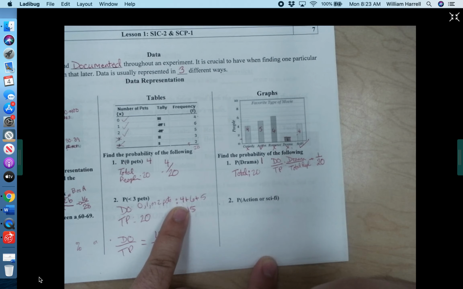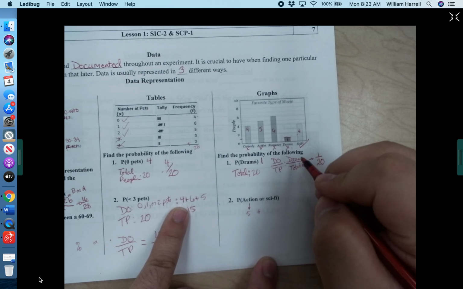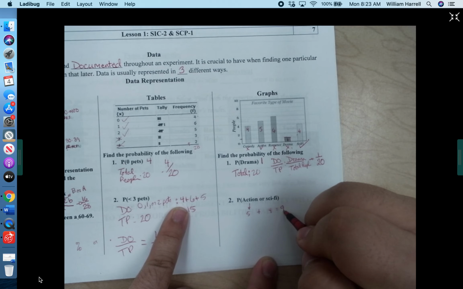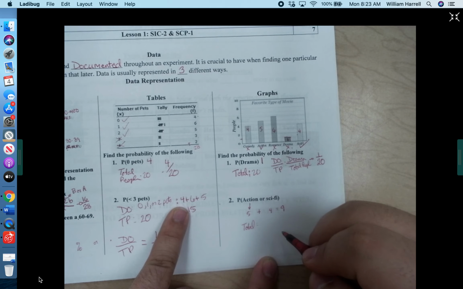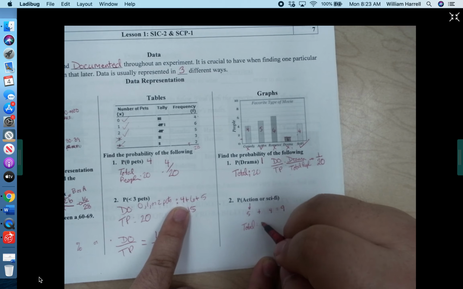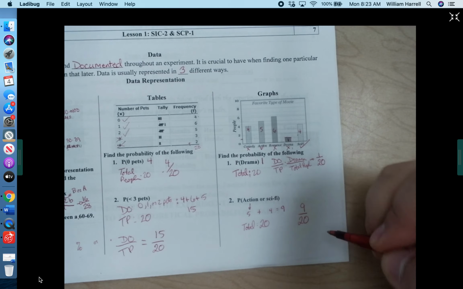I add the total of my 2 check marks. So 5 plus 4 was 9. And then my total people in the group that was surveyed were 20. So my answer becomes 9 out of 20.